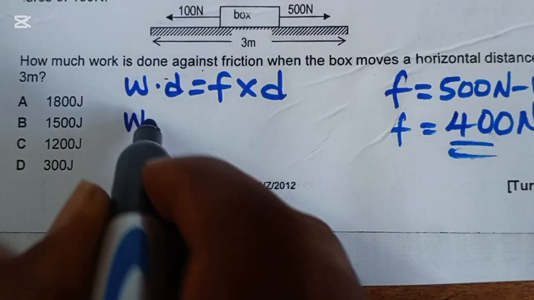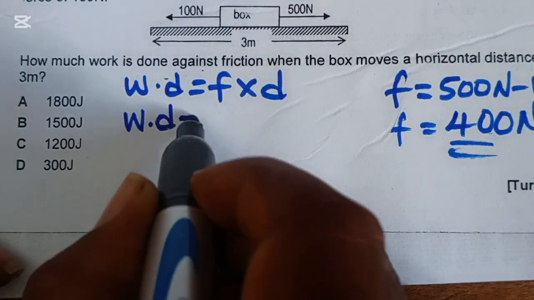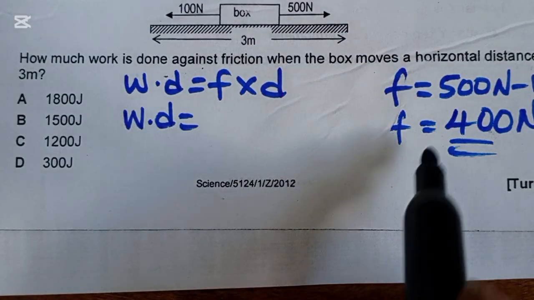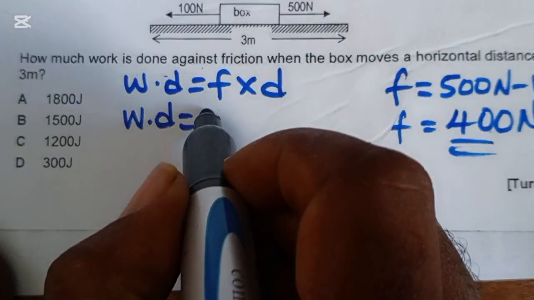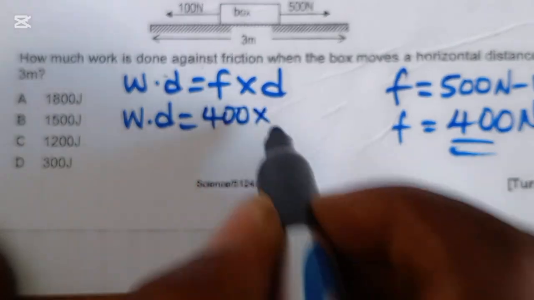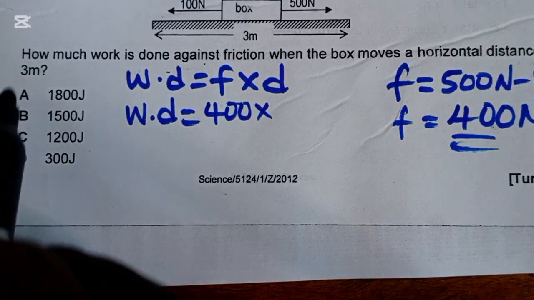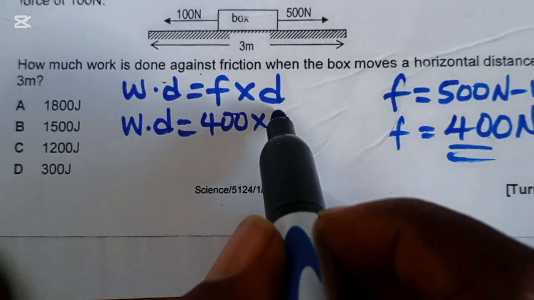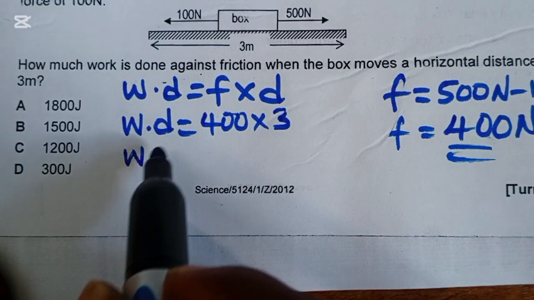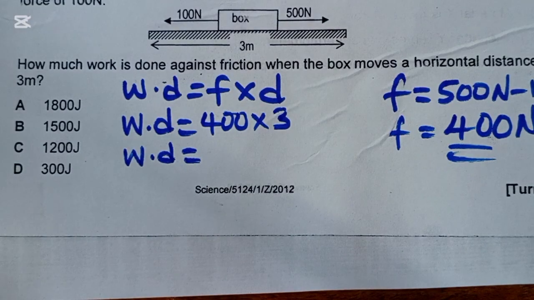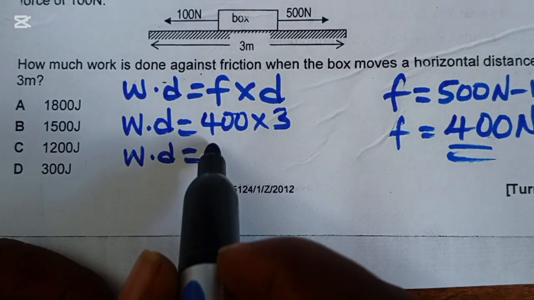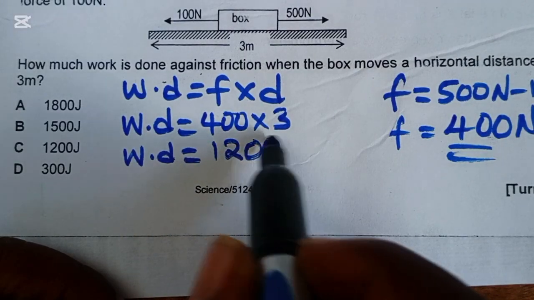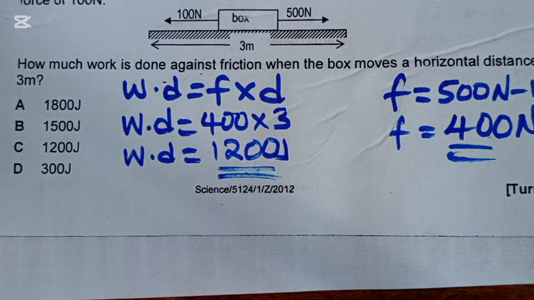So work done is equal to the resultant force, 400, times the distance, which is 3 meters. So work done is equal to 400 times 3. It is simply 1,200 joules. So this is the answer. So the answer is C.